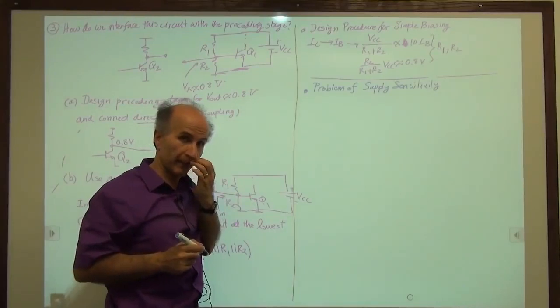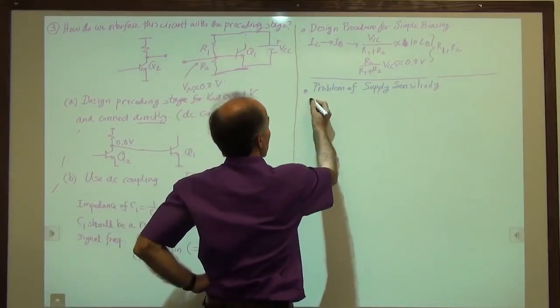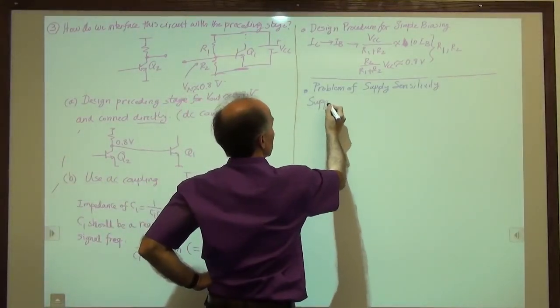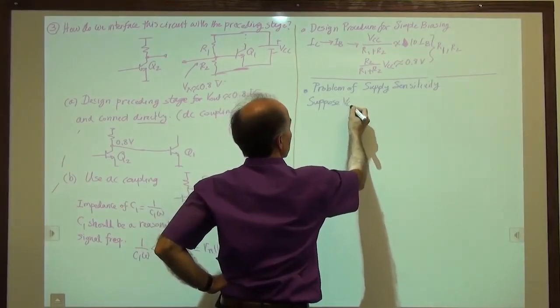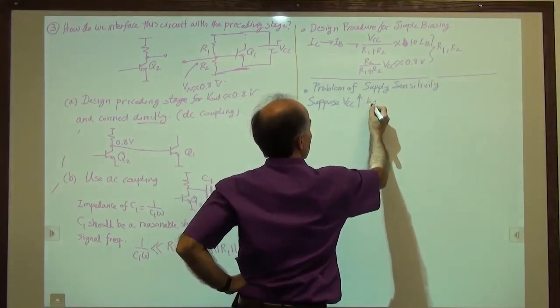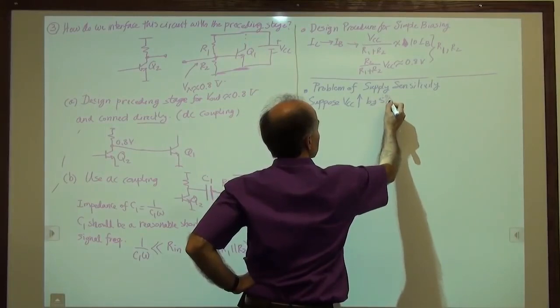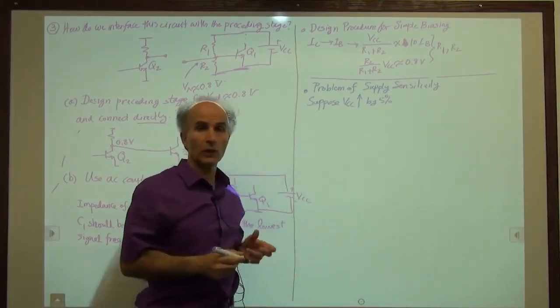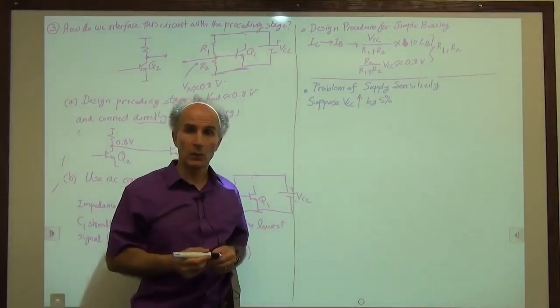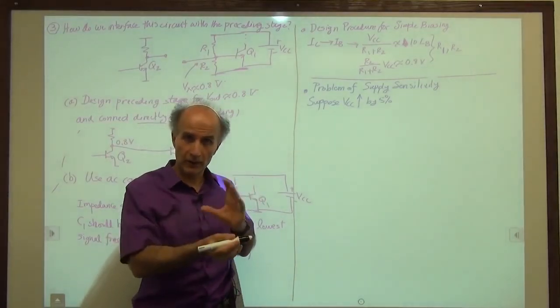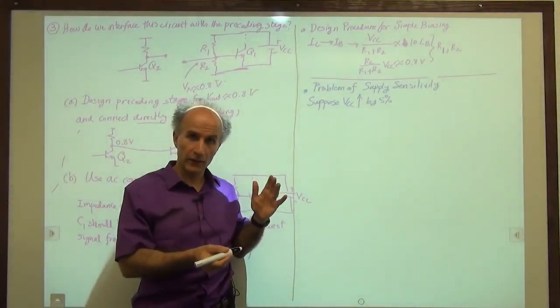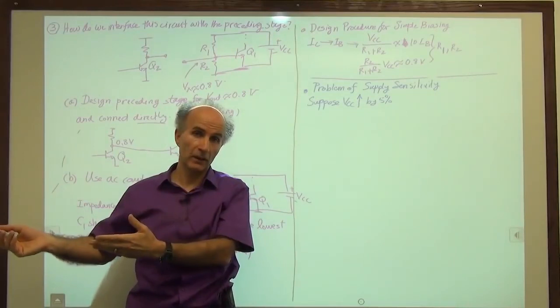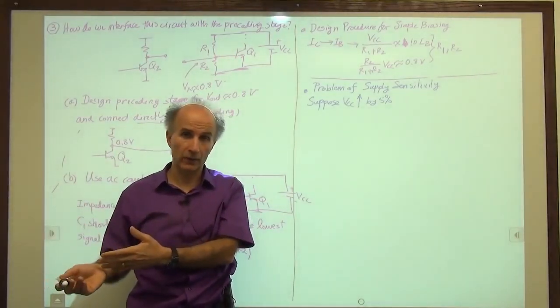So here's a simple example. Suppose VCC goes up by 5%. Why should that be? Well, when you connect a battery to a system, it has a certain voltage, and when the battery ages, its voltage goes down.